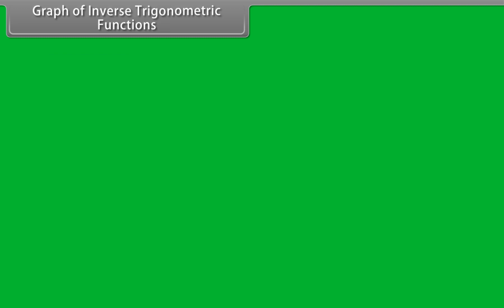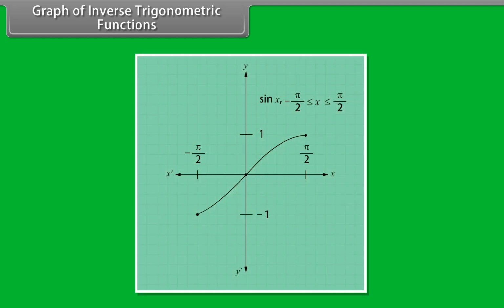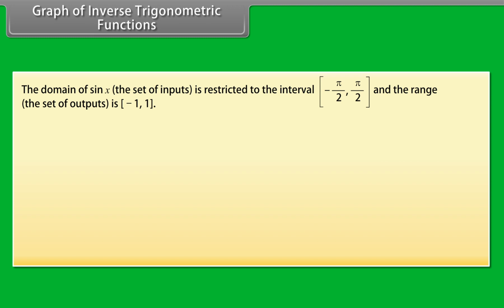Graph of inverse trigonometric functions. In this screen, we will learn about the graphs of the inverse trigonometric functions. Using this figure, the graph of arc sine x or sine inverse x can be easily obtained. The domain of sine x, that is, the set of inputs, is restricted to the interval minus pi by 2 to pi by 2, and the range, that is the set of outputs, is -1 to 1.